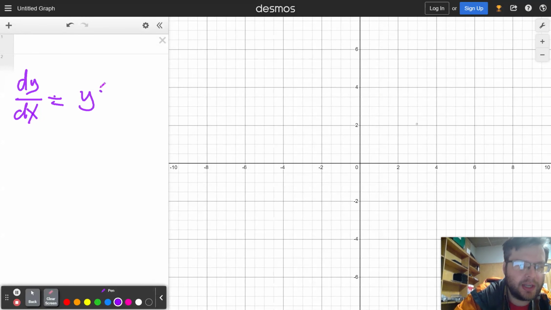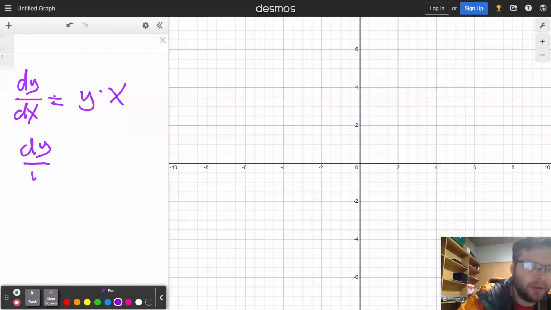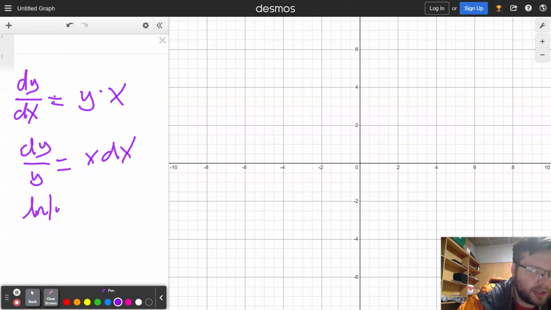Let's just say it's y times x. This one turns out to be separable. You just divide by y on both sides and multiply by dx on both sides, and then you get natural log of the absolute value of y equals x squared over 2 plus c.